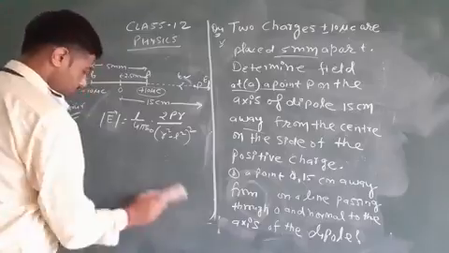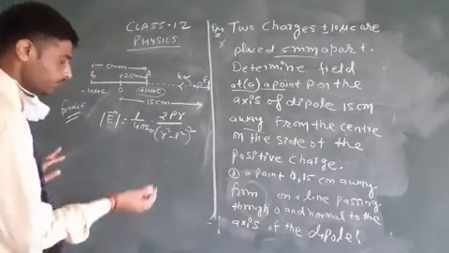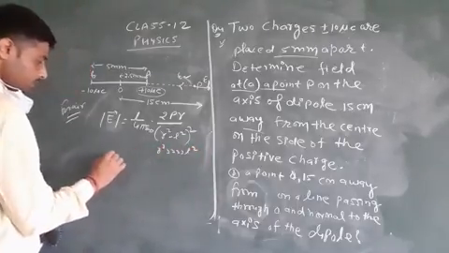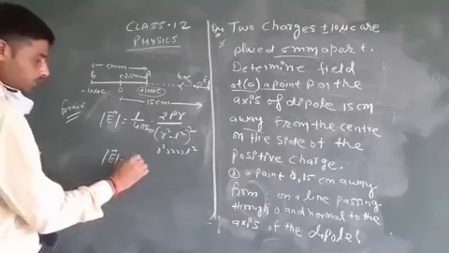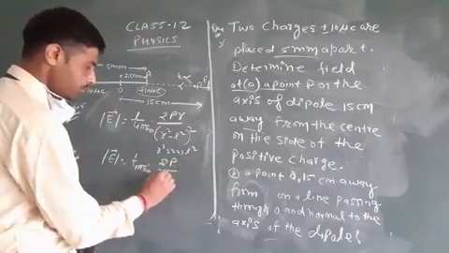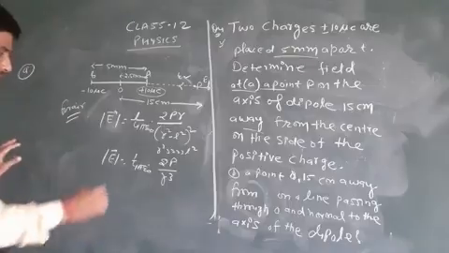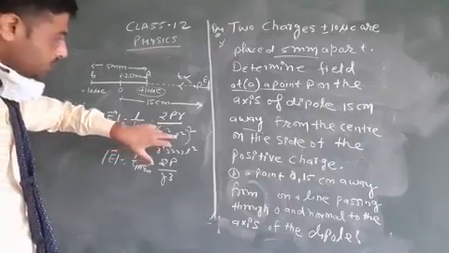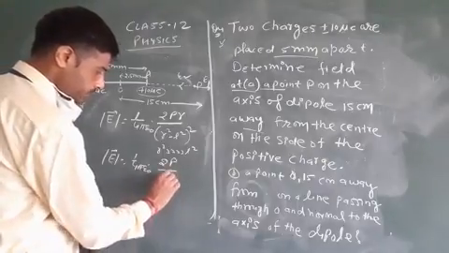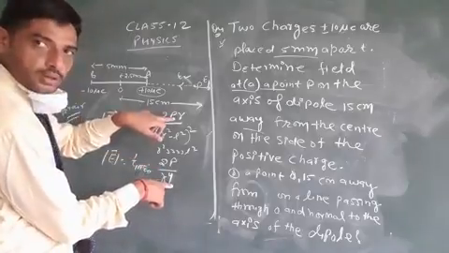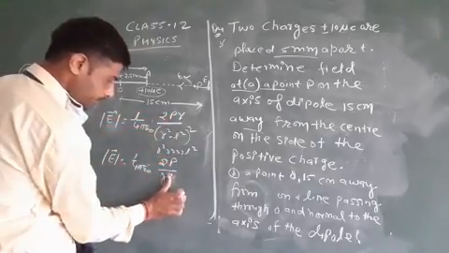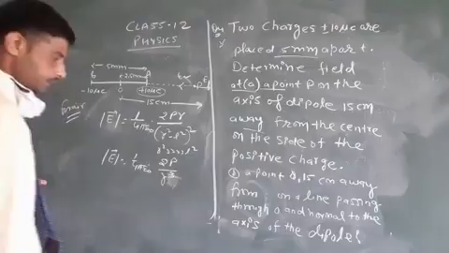But when you neglect this value, as you know, R square is greater than L square, so this is equal to 1 upon 4 pi epsilon naught 2P upon R to the power 6 over... so this becomes R, and this is neglected, it becomes R to the power 4, and one R is cancelled by this R, so this becomes R cube.